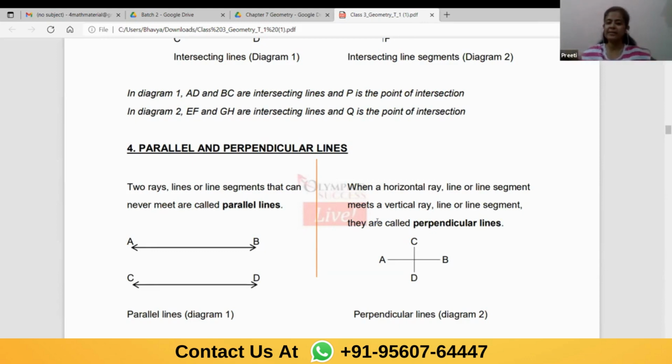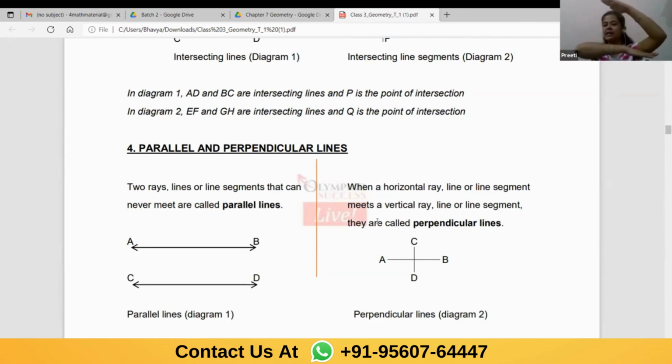Basically, parallel lines could either run in the same direction or they can run in the opposite direction also. But they usually run in the same direction, right? And what is the major thing? That they always maintain the same distance between them. It is not like the distance is this big here and then it goes this small at any point.